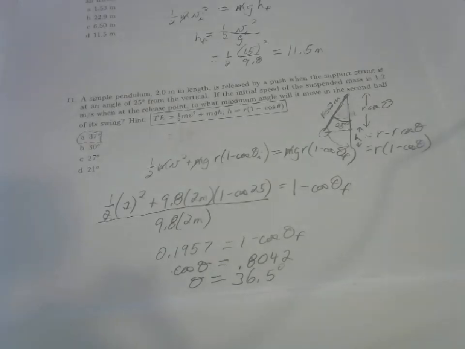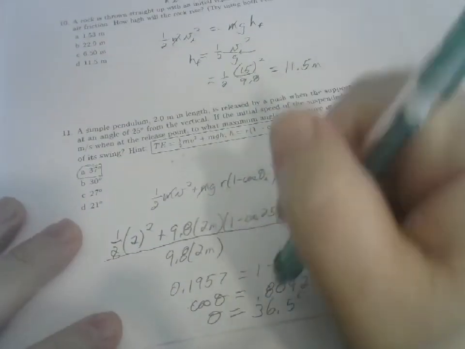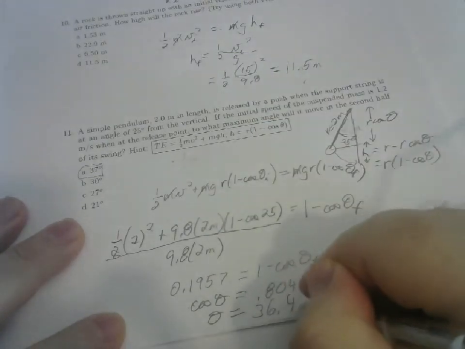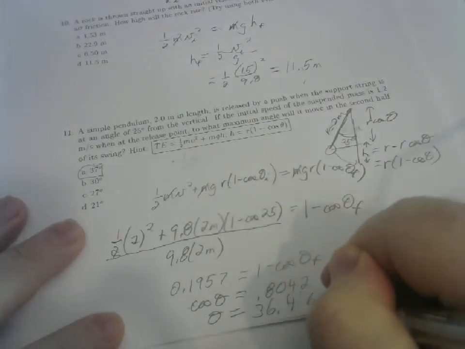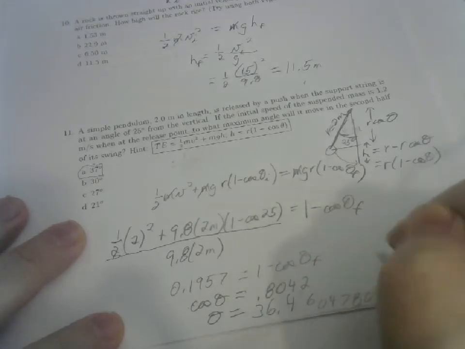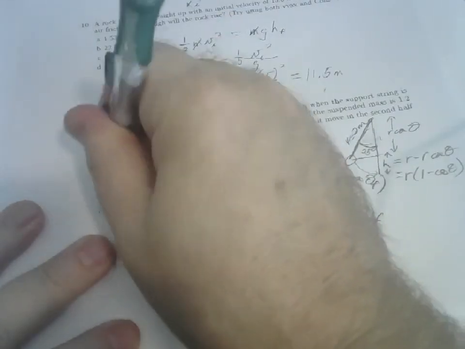And you can tell from the multiple choice questions, they were expecting me to make that error, because technically this was 36.4, 46047808, and that does not round to 37 degrees, that rounds to 36 degrees. And so they got me.